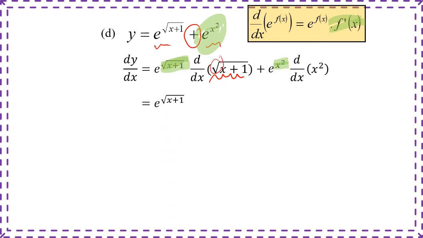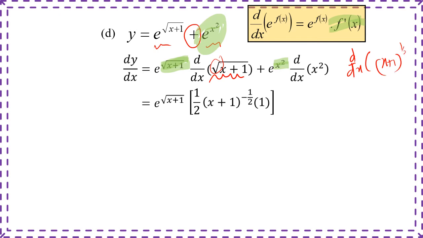So what is this square root? This square root is actually a power, so derivative of square root of x plus 1 is equivalent to derivative of x plus 1 to the power of 1 over 2. So how to differentiate this one? We have to apply the general power rule. So we bring the power as the coefficient.